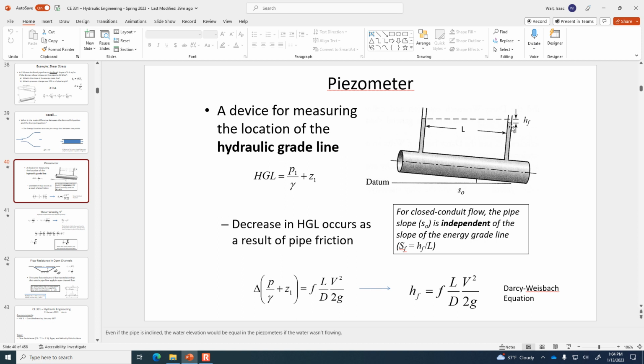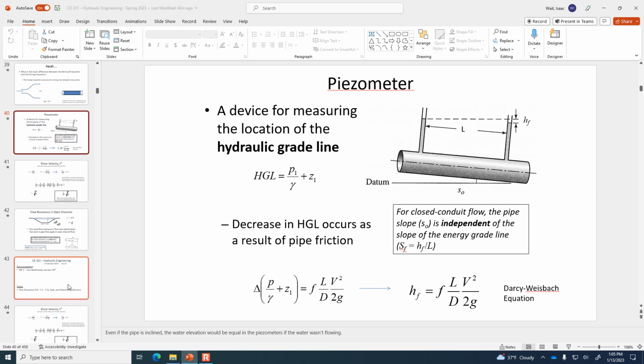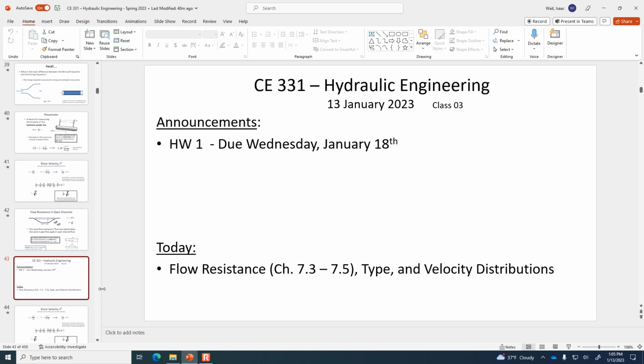But it doesn't, and the decrease in elevation downstream is H sub F, the head loss due to pipe friction. So you've got one of the problems with the figure very similar to this, except I think the H sub F is quantified. And I wanted to point out that this deflection between the upstream and the downstream head is because of pipe friction.